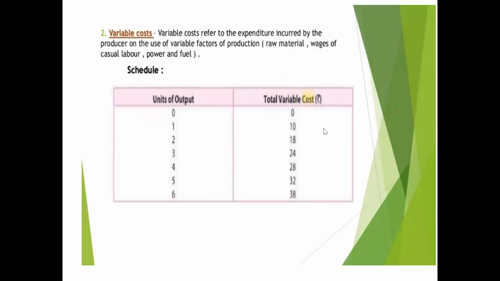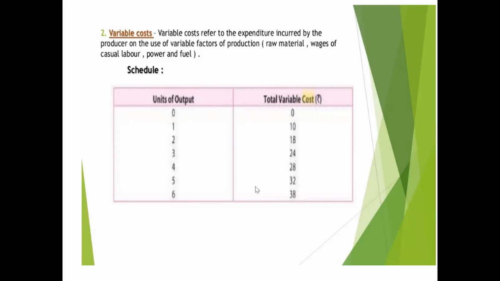Then if we consider the total variable cost, how do we identify it? The variable cost varies with production. The producer spends to purchase variable inputs. Variable cost means the expenditure incurred by the producer to purchase variable inputs, like raw material, payments for laborers, power and fuel.